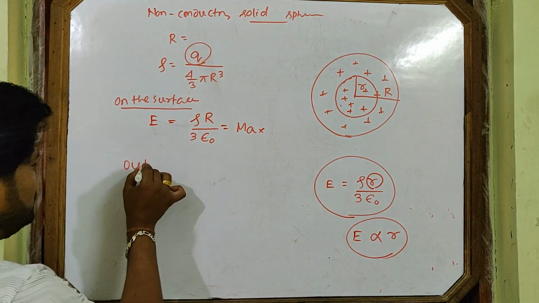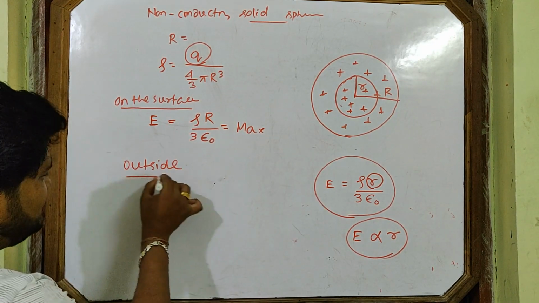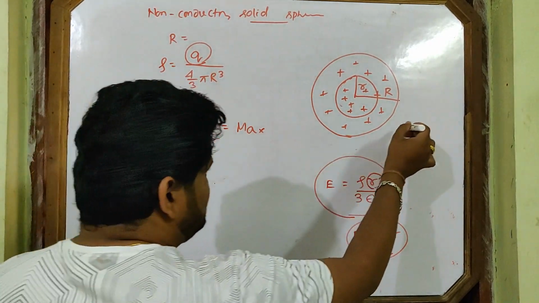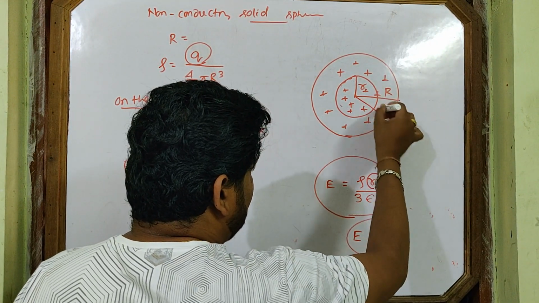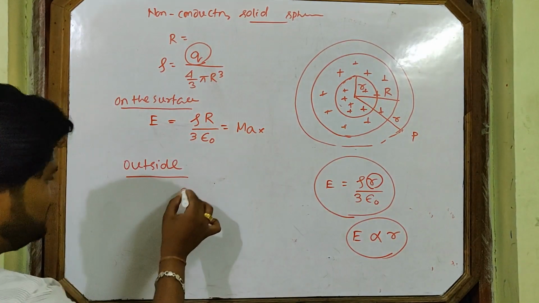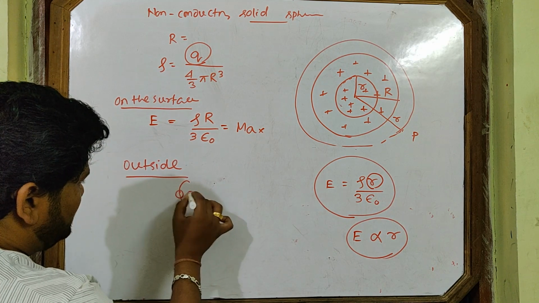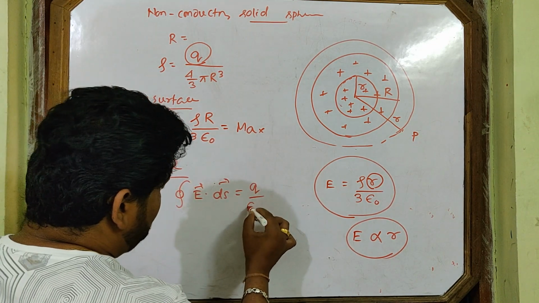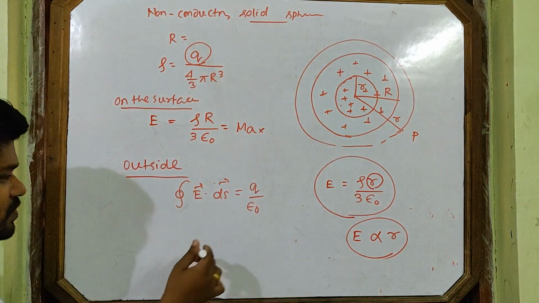But when we come outside the surface, it is the same as a spherical shell. When you come outside, you choose one point P, draw the Gaussian surface and use Gauss law: E dot ds is Q by epsilon naught, where all the charges are enclosed.